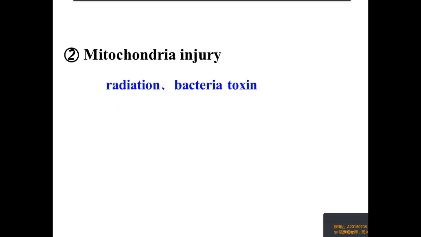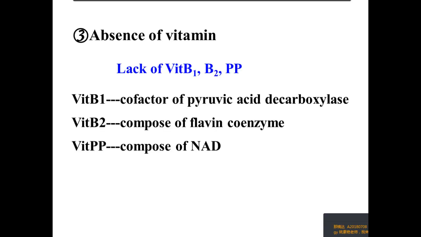Now, mitochondrial injury. Phosphorylation utilizes oxygen in the mitochondria, so with mitochondrial damage, the cells can't utilize oxygen. And the last cause is absence of vitamins, for example lack of vitamin B1, B2, and vitamin PP.